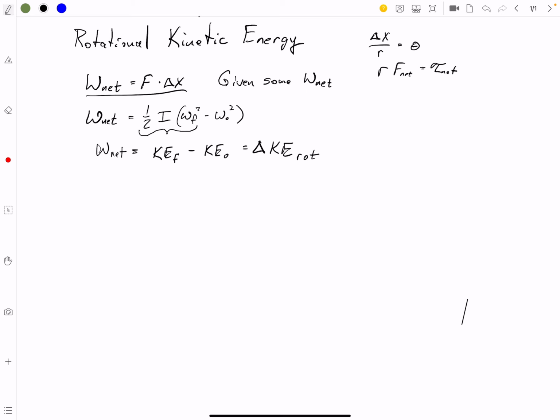And this is just the rotational form of the work energy theorem, but what is the total work net? If we're going to do both rotational and linear, we have both things happening, a linear situation and a rotational situation, then we have to do this. We have to add them together. And this, let's call it linear.